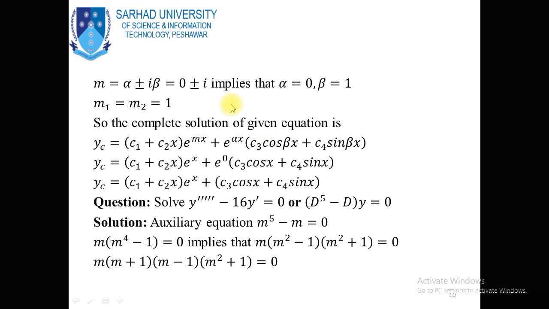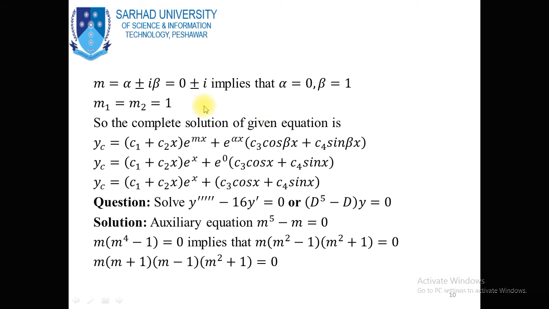Actually there are two roots in this expression, and there are also two real roots and two complex roots, 0 plus iota and 0 minus iota. For these two complex different roots, we can write the complementary solution e power alpha x into c3 cos beta x plus c4 sin beta x.